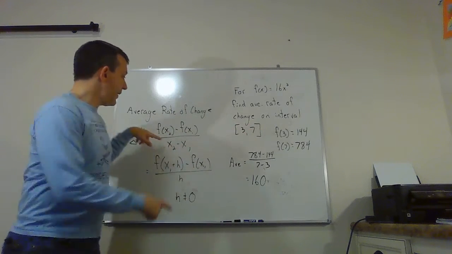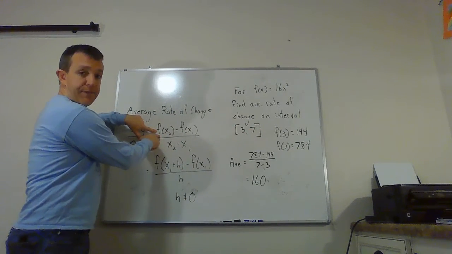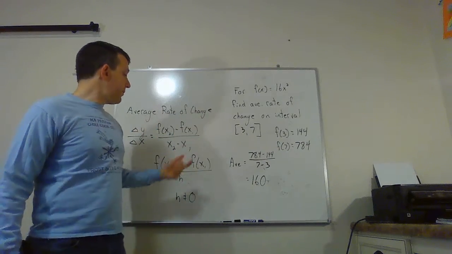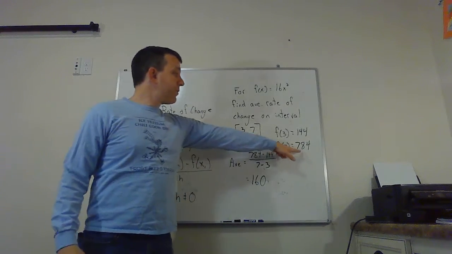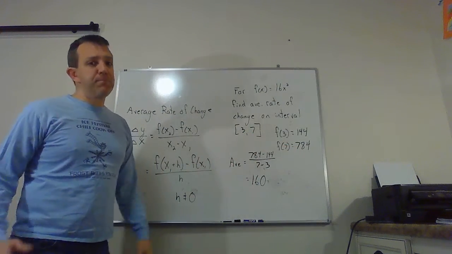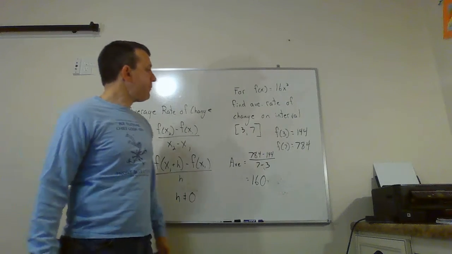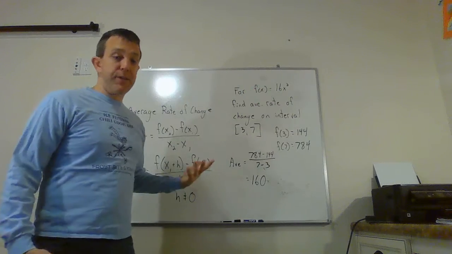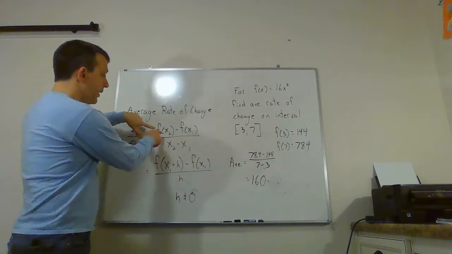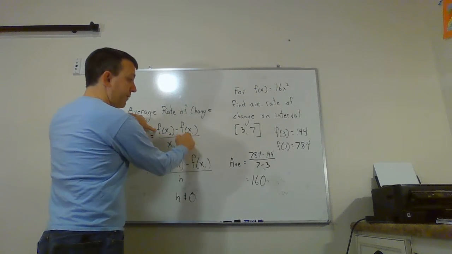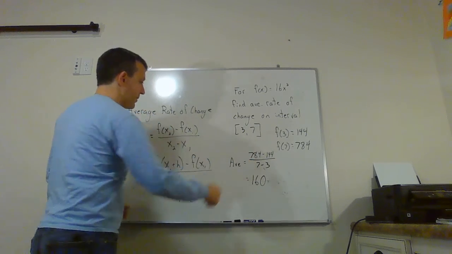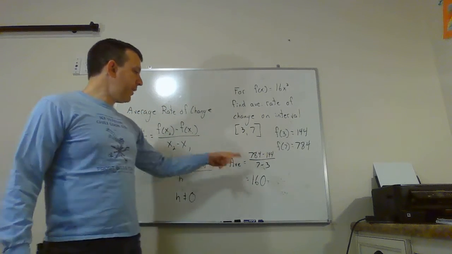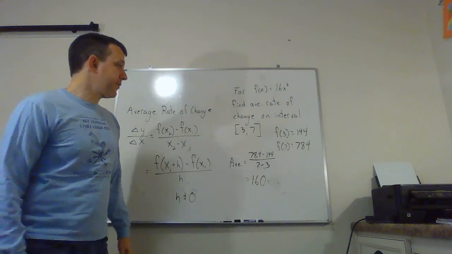So the first thing I did was I found f of 3 and f of 7. I need those values. And once I had those, and you can check my math, but I'm pretty sure that they're right. Once I had those function values just by plugging in 3 and 7, then I plugged them into the formula. f of 7 minus f of 3 all over 7 minus 3. And if you do that, you get 160 as our answer.